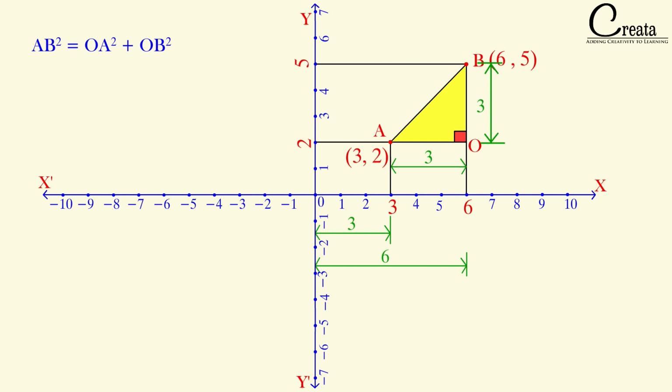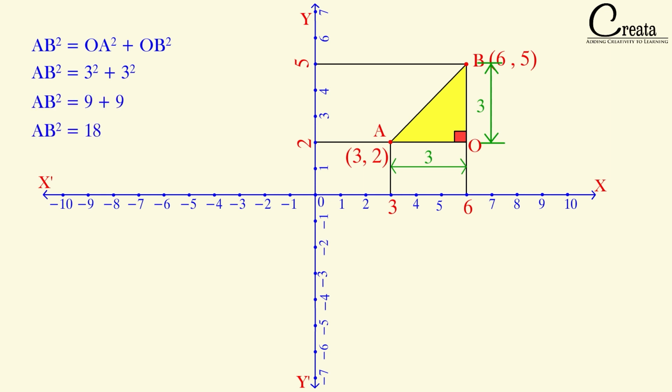So for this triangle, we got both legs as 3 units. Knowing the two legs, we can calculate the hypotenuse AB: AB square is equal to 3 square plus 3 square. So our side AB comes out to be root of 9 plus 9, that is root of 18. That is the length of AB, or the distance between the points A and B.